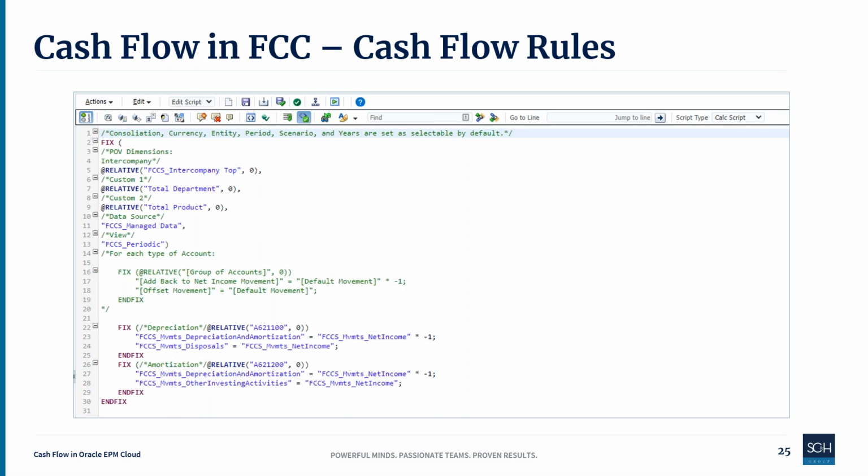On rows 23 and 24, we create the adjustment and offset for, for example, our depreciation accounts. We're going to put it to our add back depreciation line, as well as to an adjustment in our investing section here. I chose disposals of fixed assets. And you can see this is pretty consistent through here. I included 2 examples. A lot of these calculations might have 20 or 30 different calculations all told.